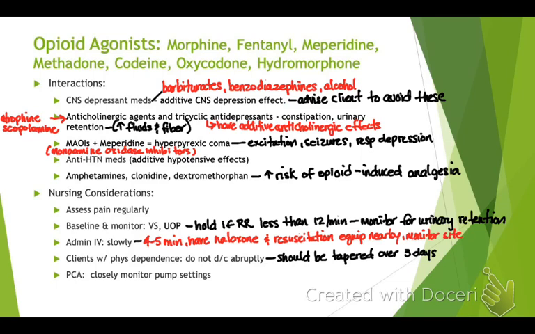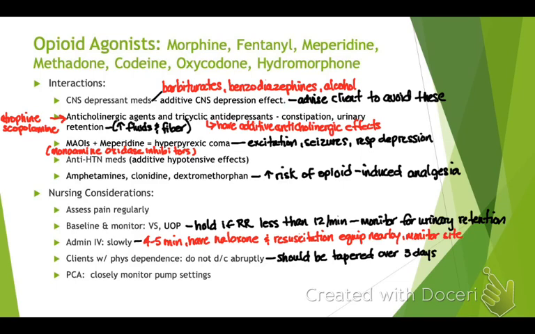Nursing considerations to remember with the opioid agonist. You want to be able to withhold the medication if any of the vital signs are abnormal. If your patient condition is declining, you want to be able to monitor them for any adverse effects and assess their pain regularly, assess their baseline and continuously monitor their blood pressures, vital signs, especially their urine output.